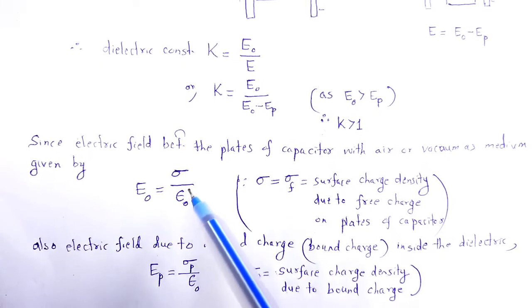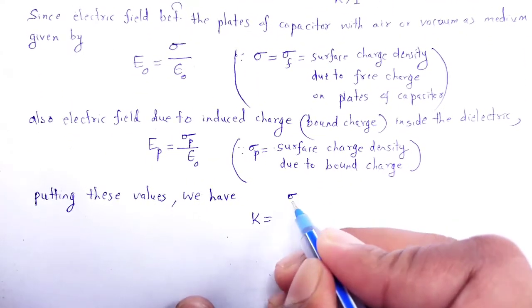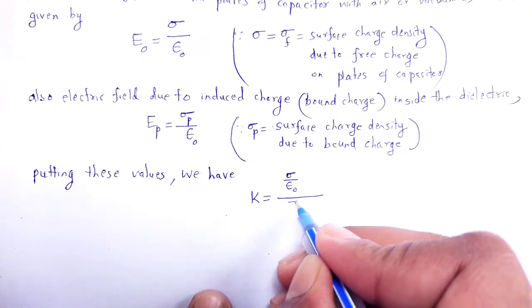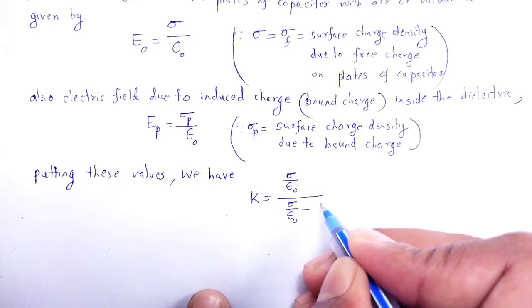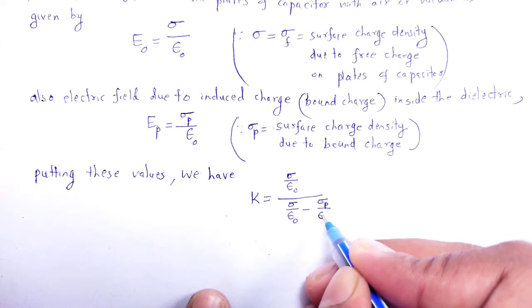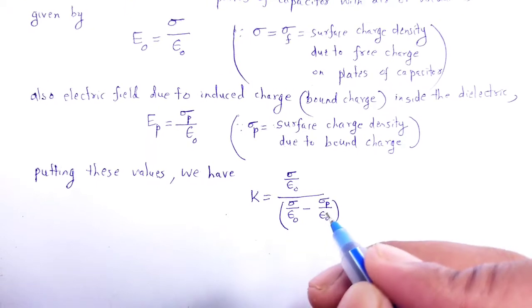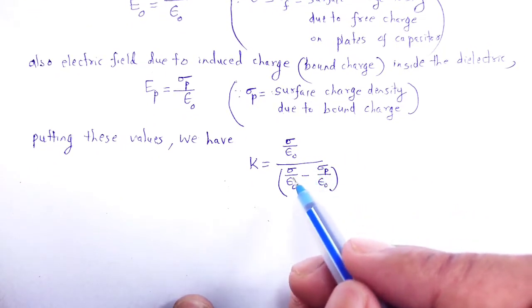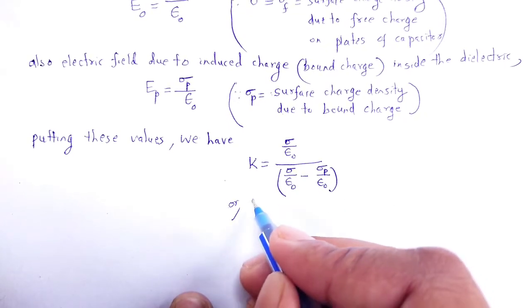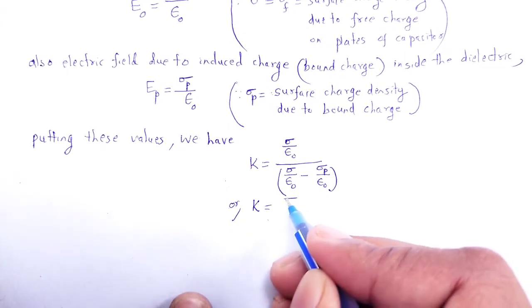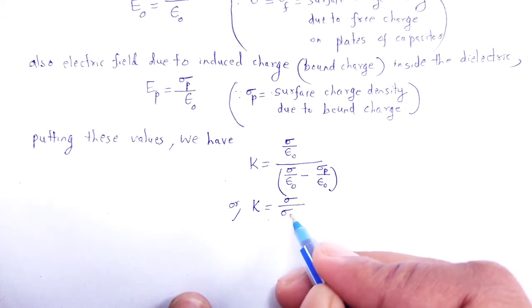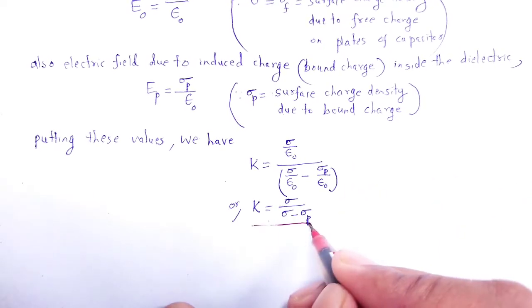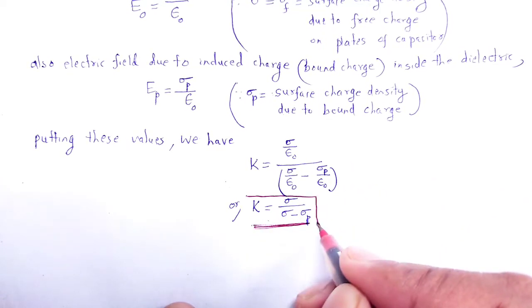So in place of E naught we write sigma by epsilon naught, divided by E naught minus EP, that is sigma by epsilon naught minus sigma P divided by epsilon naught. Taking the LCM, under simplification we have K is equal to sigma divided by sigma minus sigma P. That is the expression for dielectric constant in terms of surface charge density.